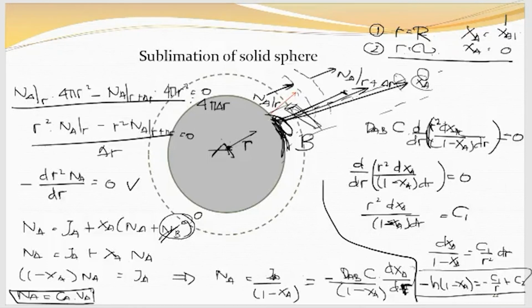Okay, ma'am, thank you. You're welcome. So if you don't have convective flow, you don't need to worry about this equation. You will not use this equation if you don't have convective flux, if you don't have something flowing.